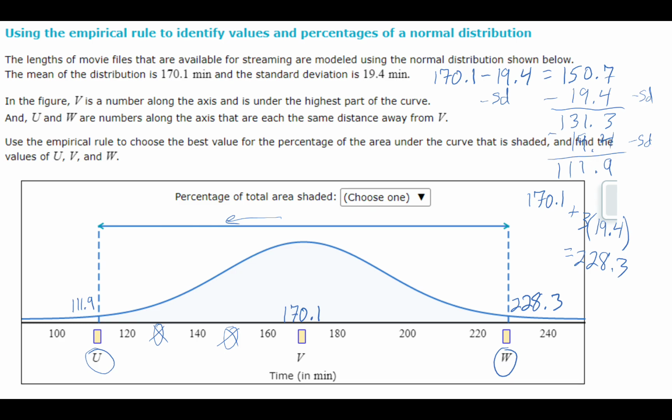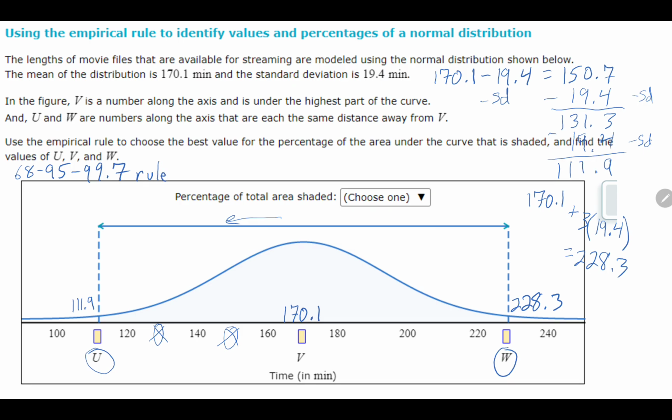And remember that the empirical rule is the rule that's called the 68, 95, 99.7 rule. And these are percentages, so this is another name for the empirical rule.